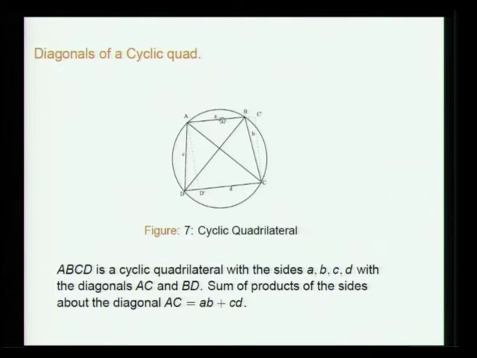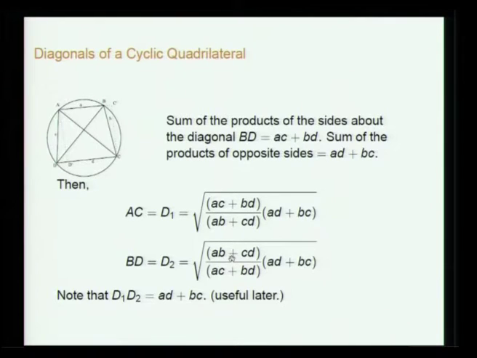These are the two sides abutting this diagonal: AB and the other part, CD. So, AB plus CD. Similarly for the diagonal BD, it is AD plus BC, and the sum of the products of opposite sides is AC plus BD. So, these are the three things we want.